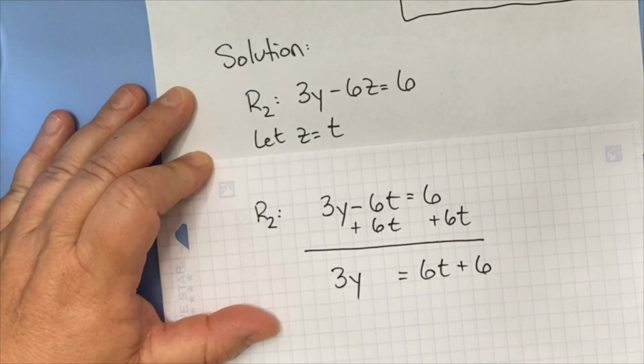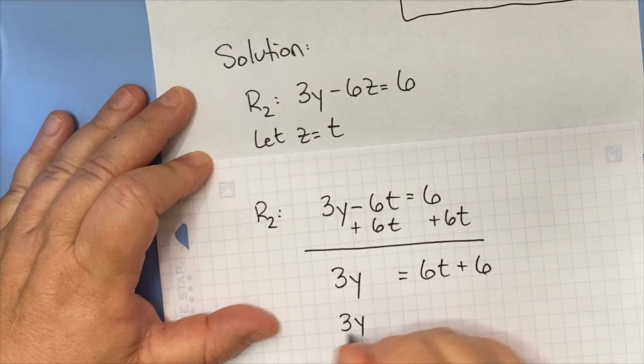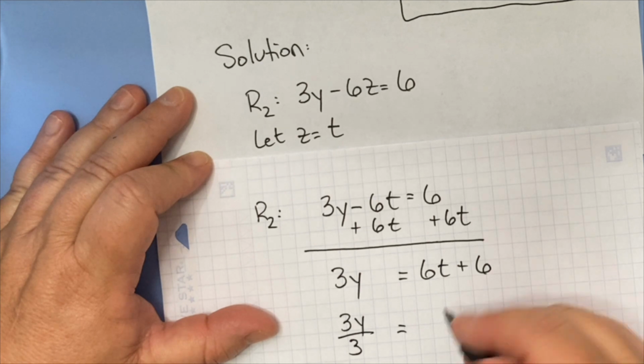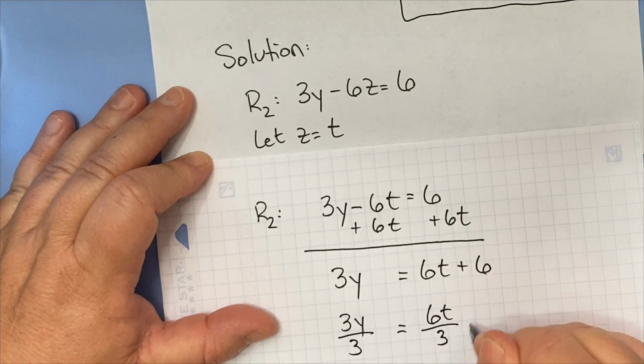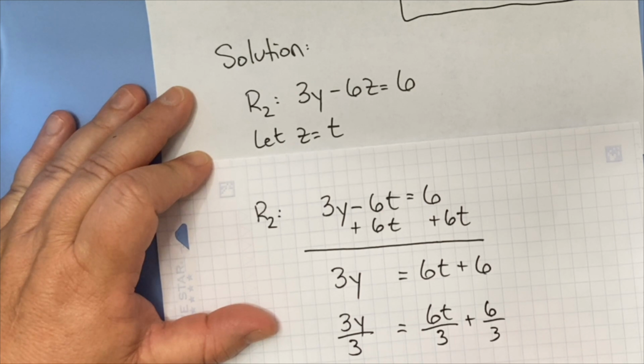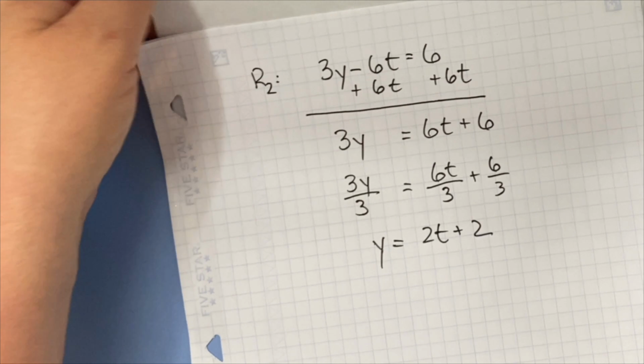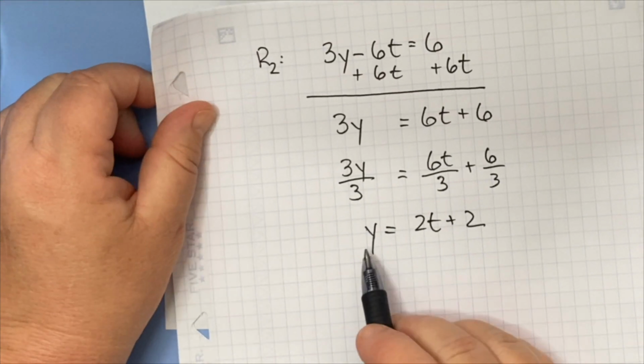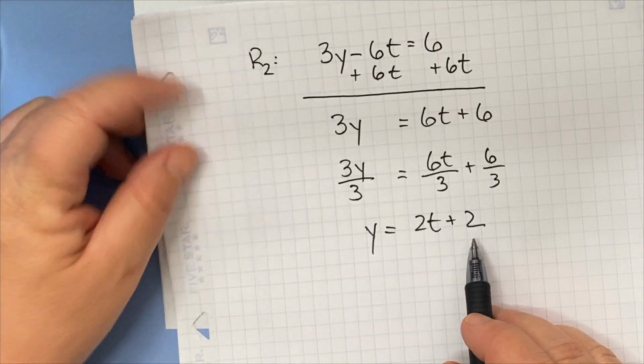And then I'm going to write y by dividing both sides by 3. So now, oops, sorry, you can't see that. So now I've got y in terms of t as well.